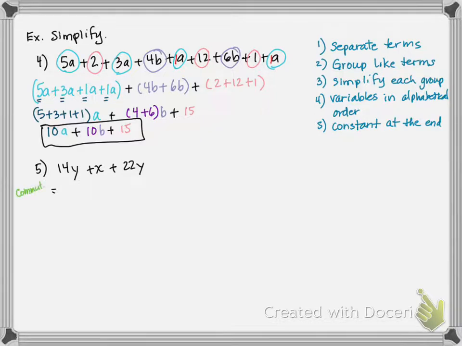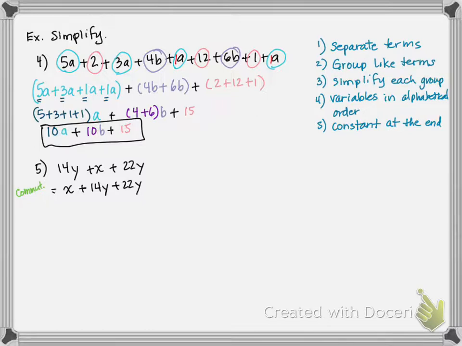Commutative. And that means I'm going to change the order. So the directions say that I need to have variables in alphabetical order, so I'm going to make the x go in front and then the 14y plus 22y, so the like terms are going to be in the back.